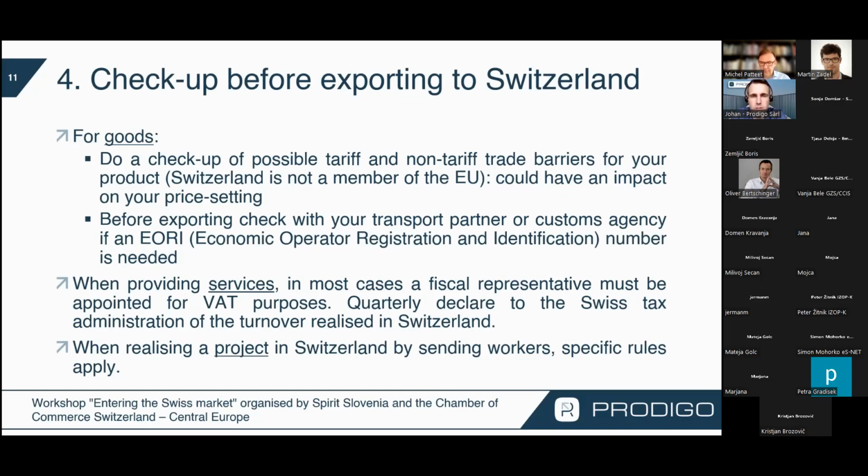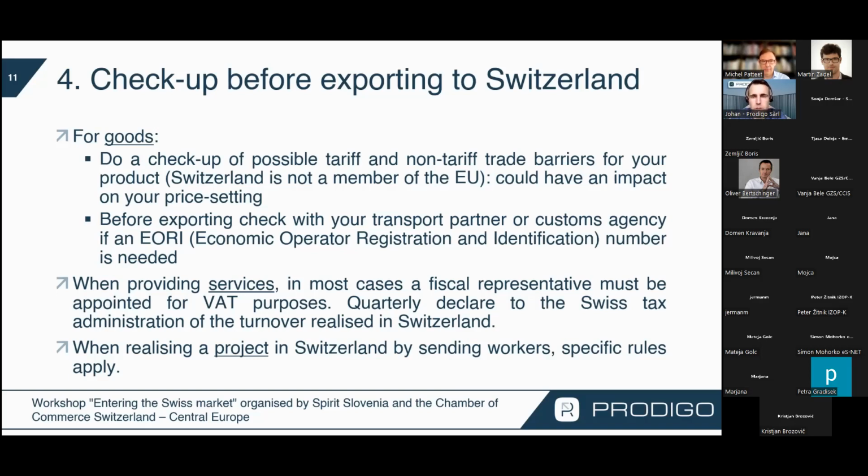We will share the links of this platform at the end of the presentation. And as we have seen before, on the Swiss customs platform called TARES, you can also access all this information. So it is important to take into account this element because it will have an impact on your price setting.